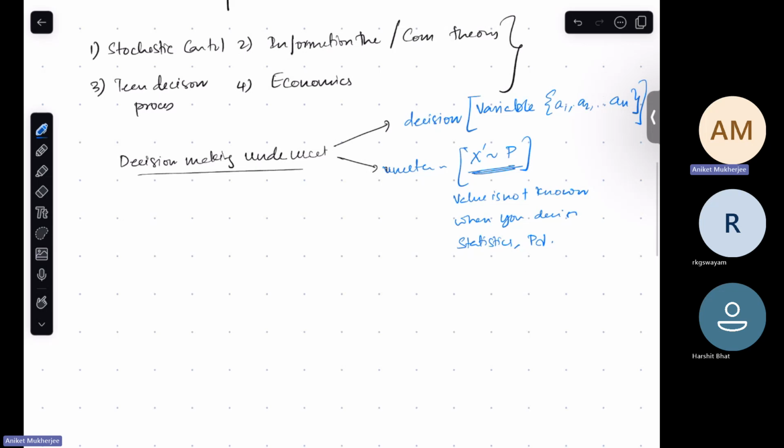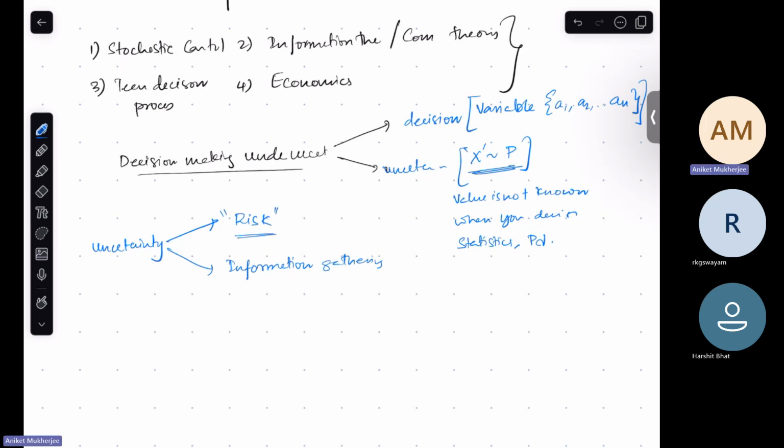With uncertainty come two things, which is where most people get confused, and it is not intuitive to see. One is risk, and one is information gathering. Risk is something which we all know intuitively.